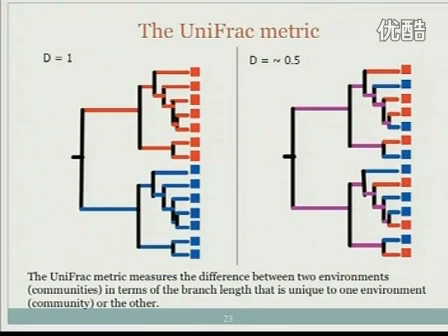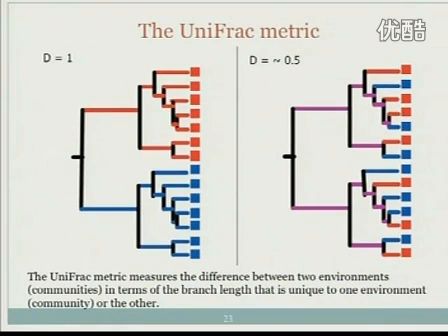And use this one. If you have like 10 communities, like 10 samples from 10 individual human beings, you can try to cluster them. Or if you have 10 from human gut and 10 from soil, you can calculate the pairwise UniFrac distance, then you can do clustering.